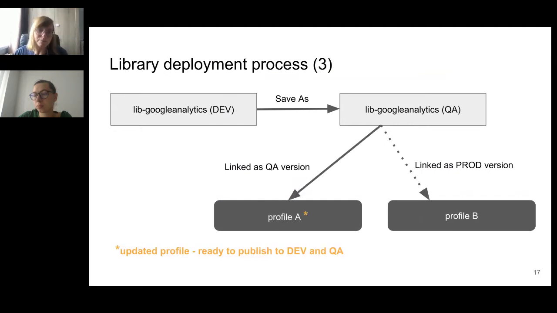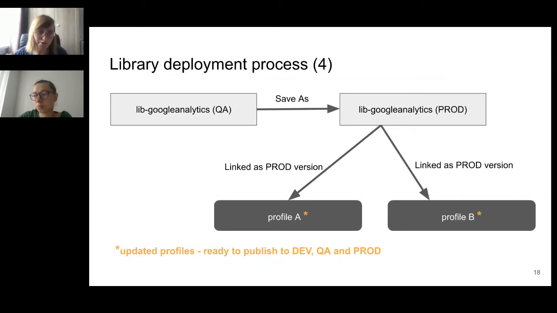When I link profile A to the QA version, I will see those changes in profile A, which will be ready to be published on dev and QA environments just for QAing. And finally, when I'm really sure everything is QA'd and ready for the production environment, I can save the GA library as a production version. Profile A and B are already linked to the production version of this library, so both are getting the desired changes.